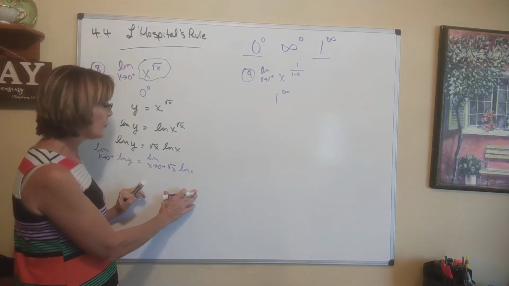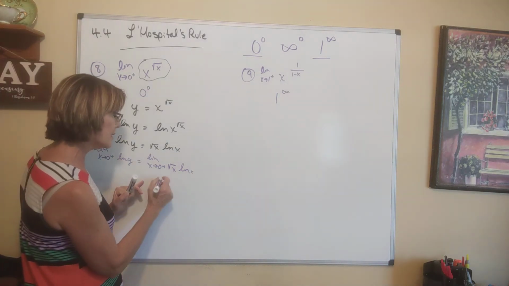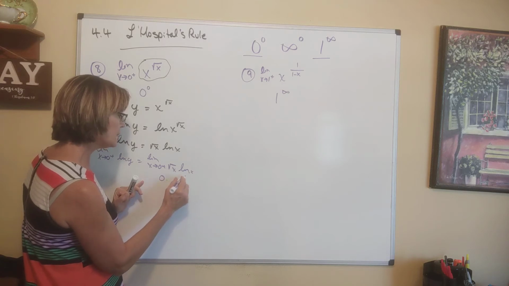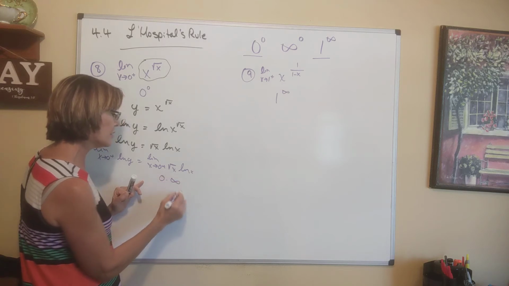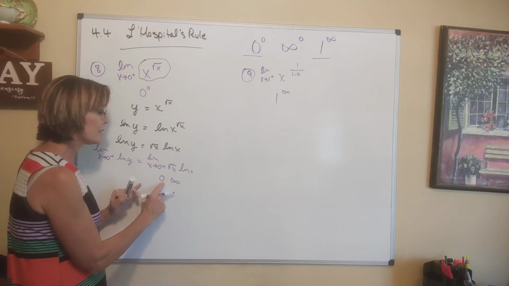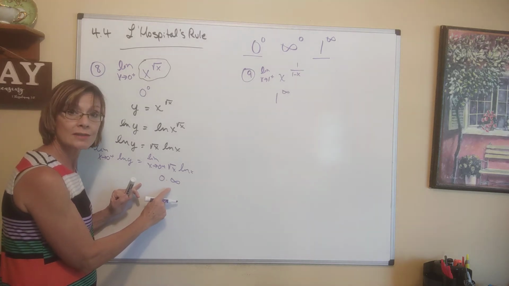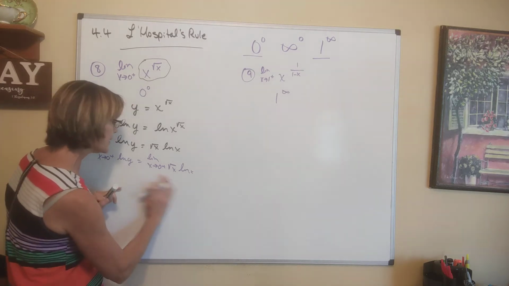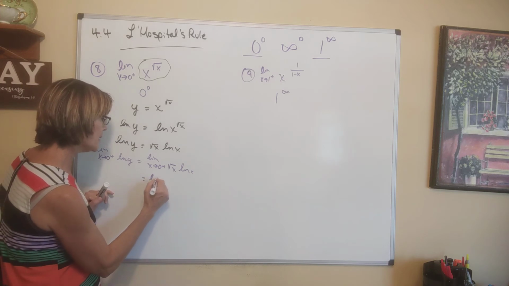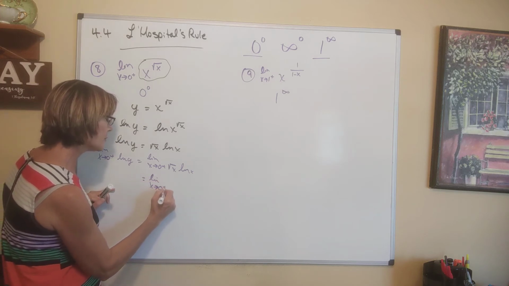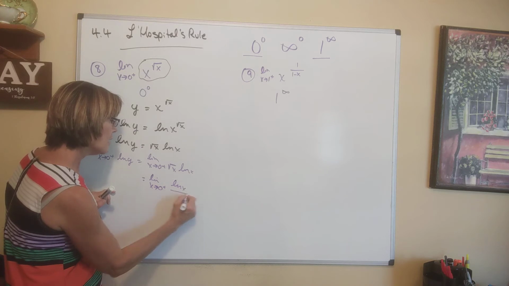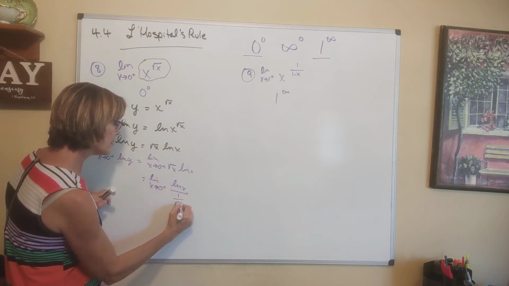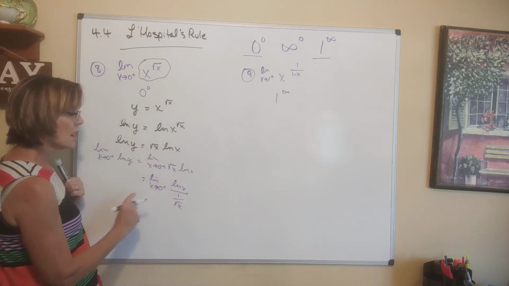If we use direct substitution, this would be a 0 times infinity, as we saw earlier. This is an indeterminate form, but it's a product. We need to rewrite this into a quotient. So let's make this look like a quotient: the limit as x goes to 0 from the right of the natural log of x over 1 over the square root of x. What does that give us?